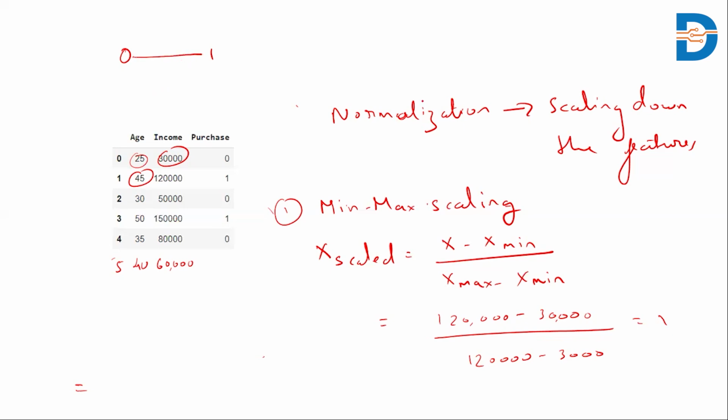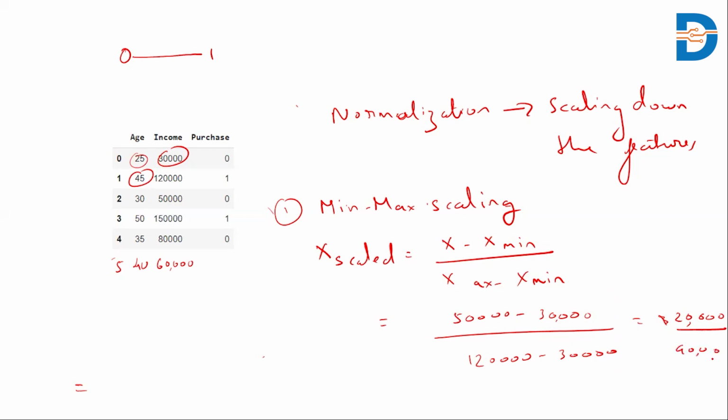Finally, let's do this for 50,000 as well. If you plug in 50,000 in this place, you're going to get about 20,000 over 1,20,000 minus 30,000, which is 90,000.